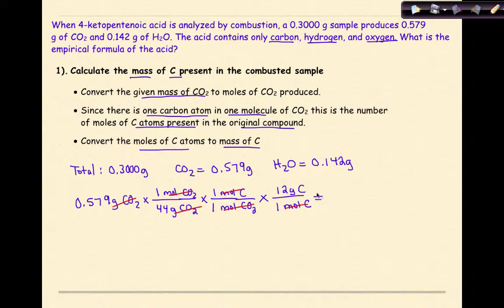So my final answer for grams of just carbon out of this original sample is going to be 0.1579. I said 9, oops, 0.1579 grams of carbon. All right, so we've done the first step. We've calculated the mass of carbon present in the combusted sample. Let's go on to the next step.